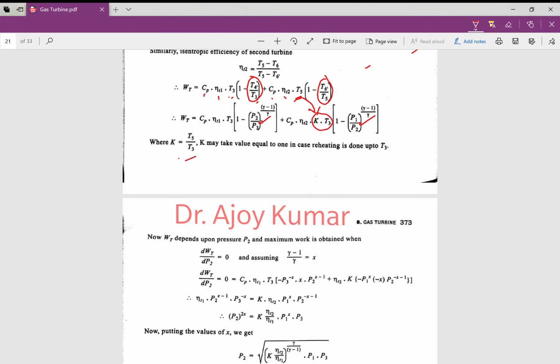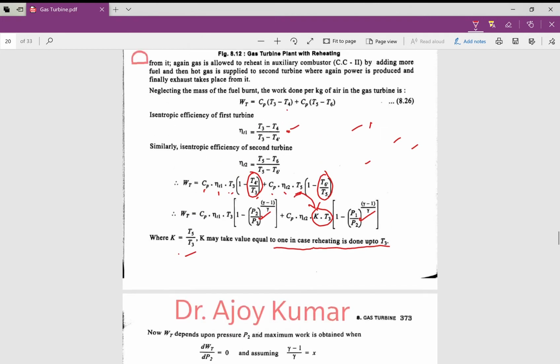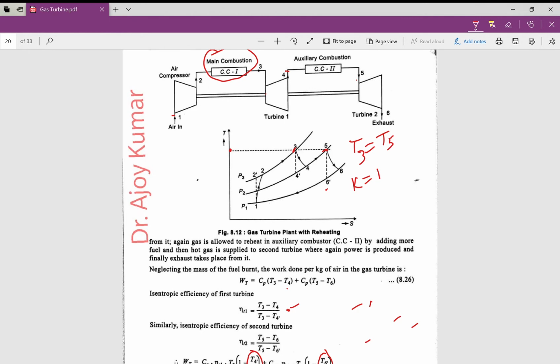Now this K may take a value equal to 1 in case reheating is done up to T3. Reheating takes place in process 2, 3. If reheating is not taking place up to 3, let us say here only, then we can't get the value of K equal to 1.